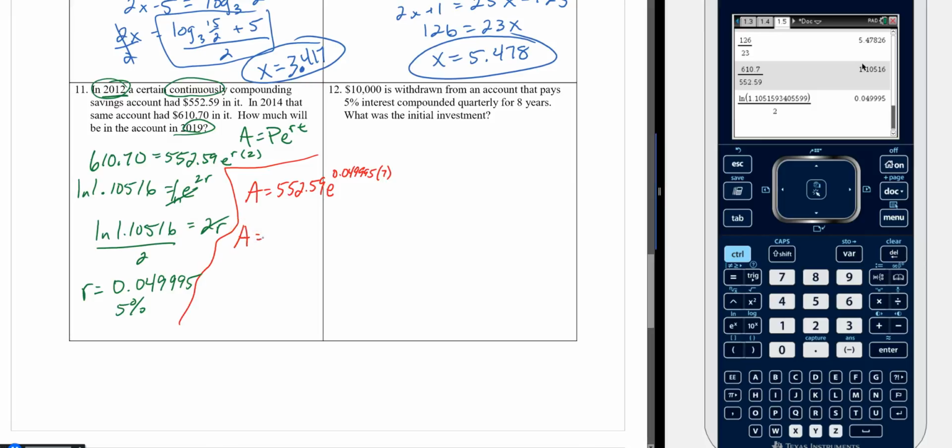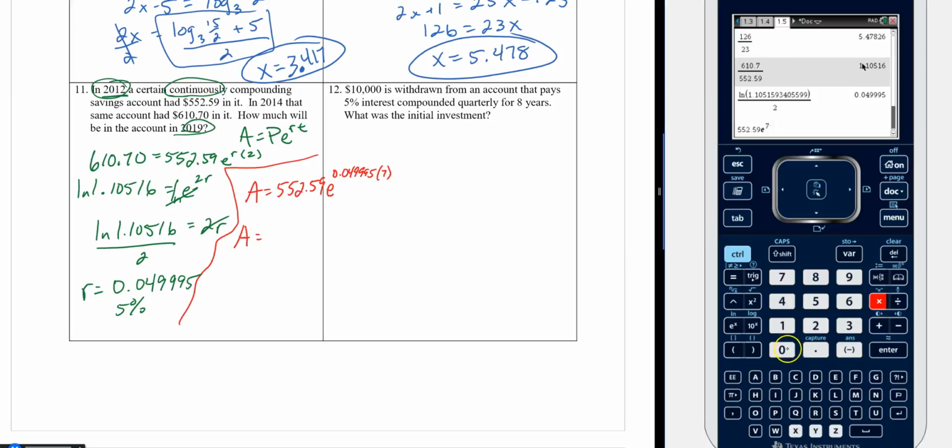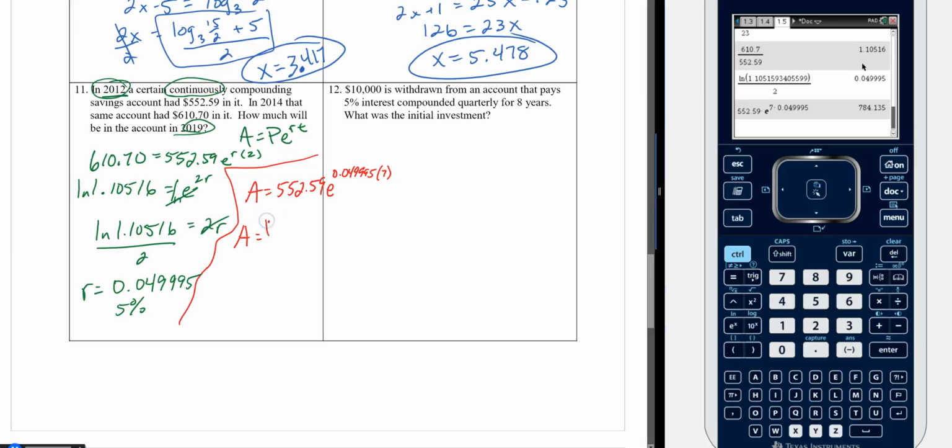Put that in the calculator, and I get 784.14 because we're rounding to the nearest penny.